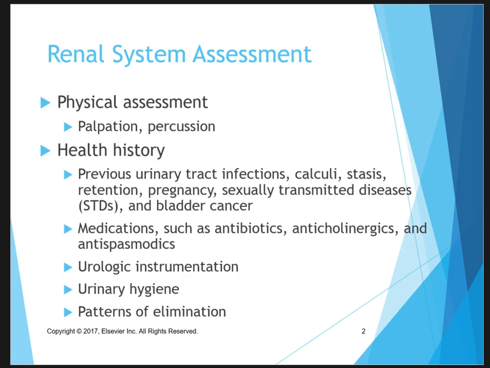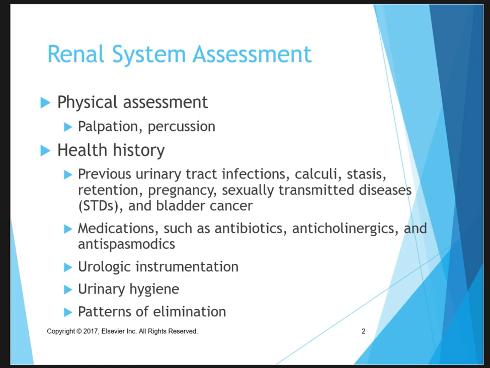Important health history info. I'm not going to read all these to you, but really anything that deals with that. And I think a lot of times people forget that the GU system also incorporates sexual intercourse history, things like that, like STDs. So that falls under here.